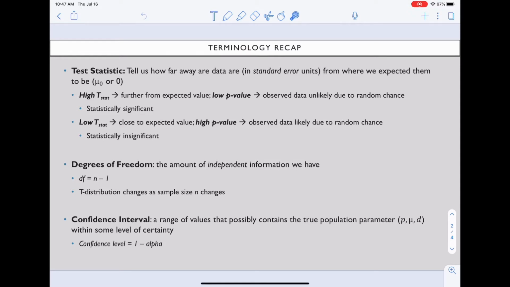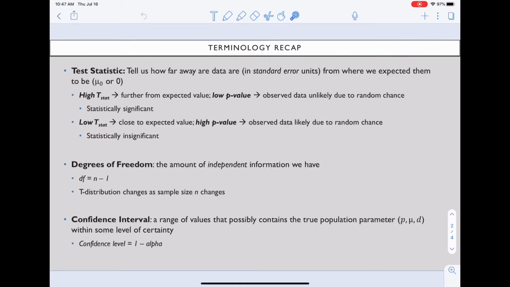Okay, fast forward just a little bit to this idea of a test statistic, where we are essentially doing that same concept, but for our whole data set. That test statistic just tells us how far away we were from our expected spot, and that's all done in standard error units, very similar to standard deviations.